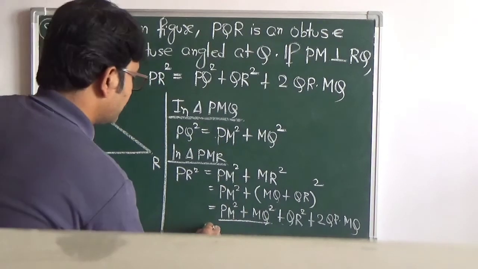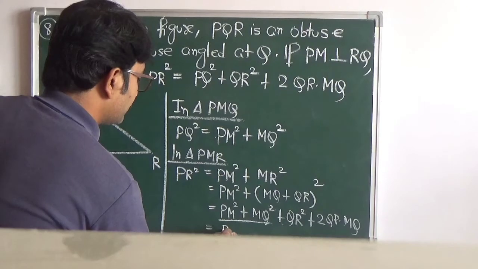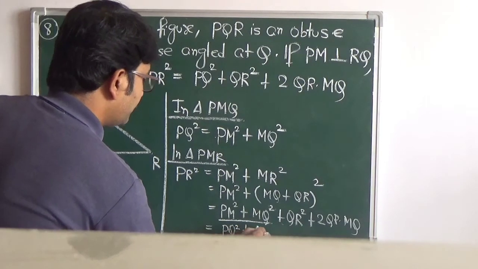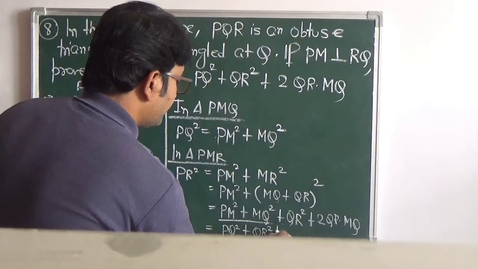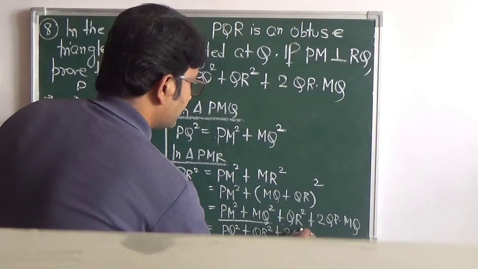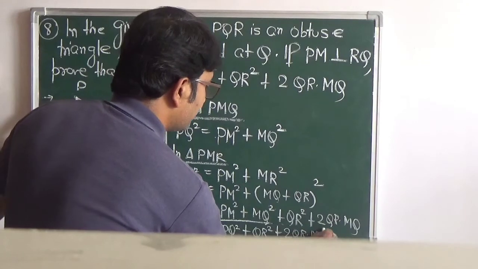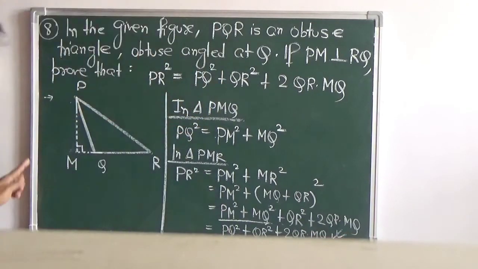PQ square. So you can write it as PQ square plus QR square is already there plus twice of QR dot MQ. Hopefully you have got the result on the right hand side: PQ square plus QR square plus twice QR dot MQ.